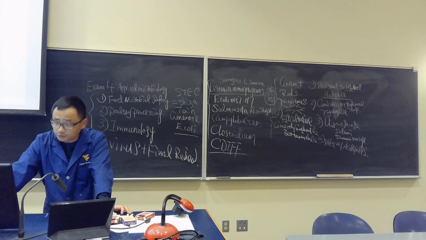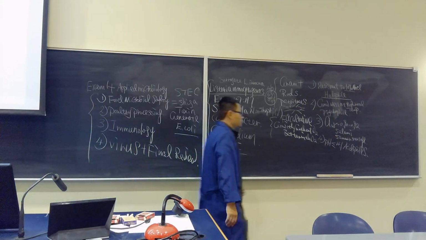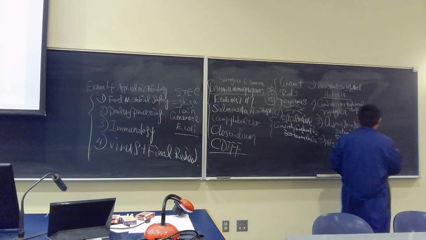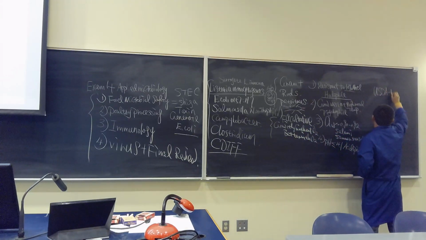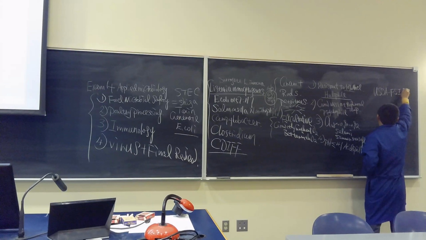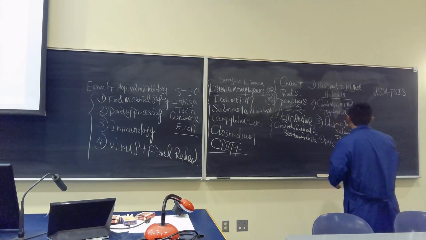So in order to prevent, or proactively control, this pathogen, USDA FSIS, cooperating with FDA, has three alternatives.